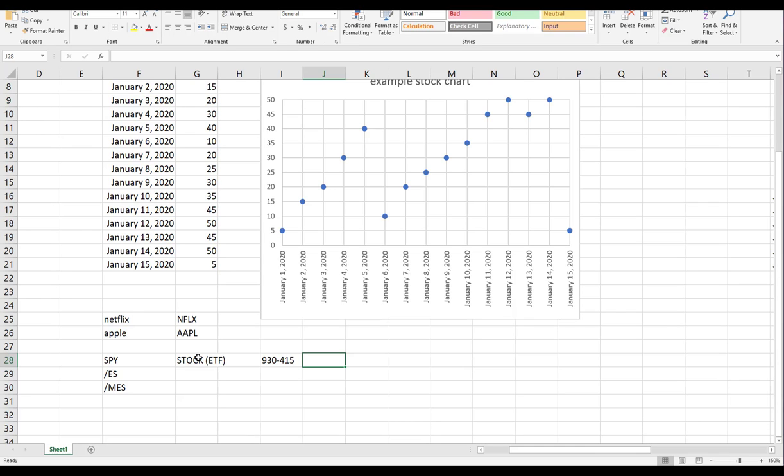So every morning it opens at 9:30, the same day it closes at 4:15, and from 4:15 at night till 9:30 in the morning, it's closed. And if the market moves really fast, like crazy overseas, or some news happens, this could move.